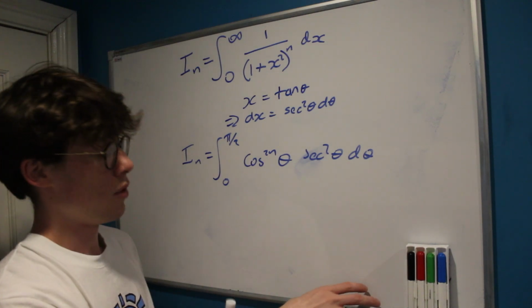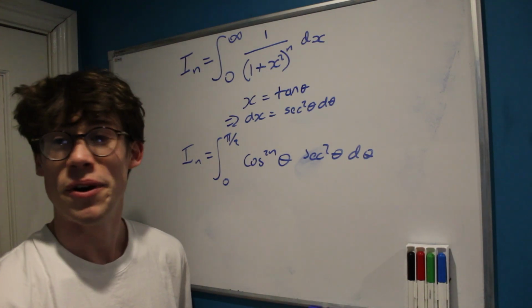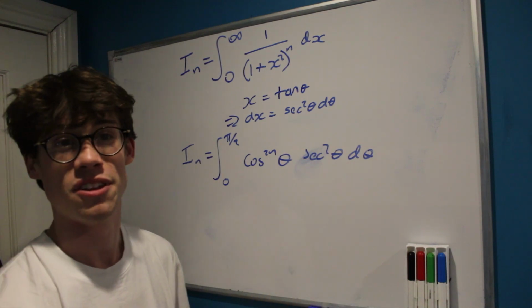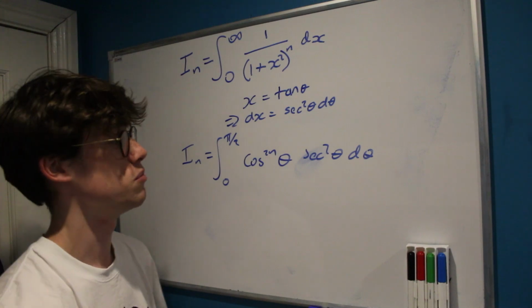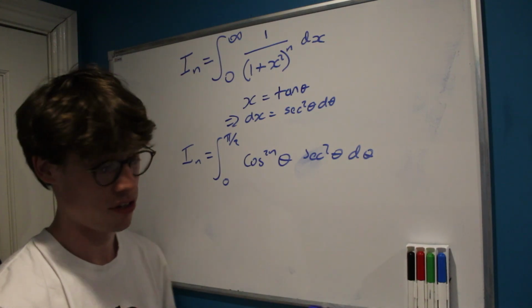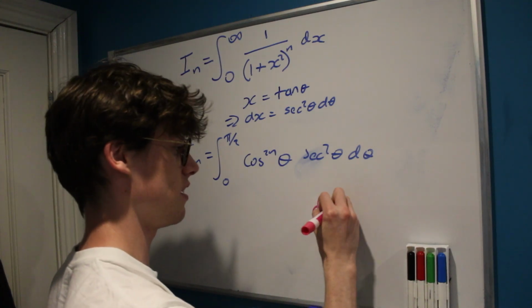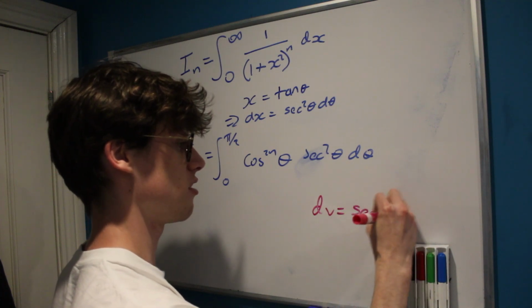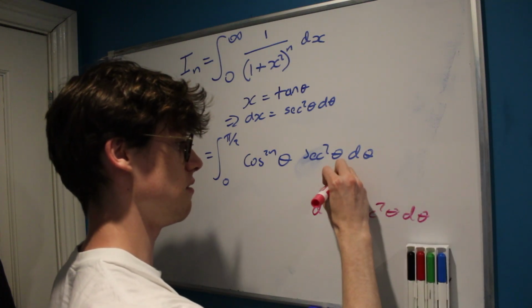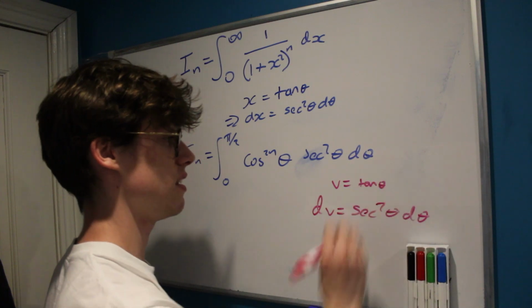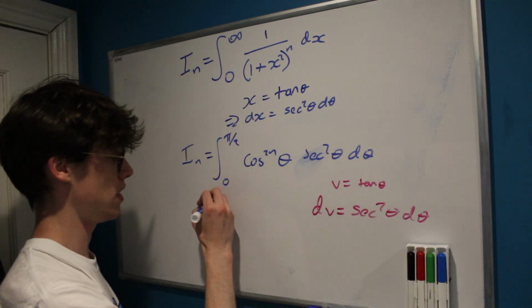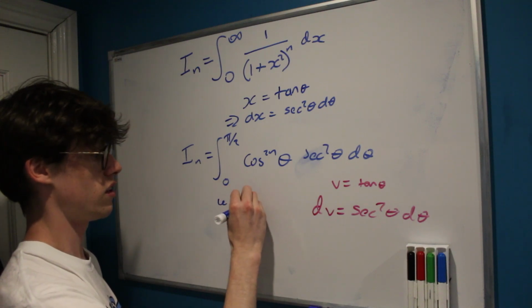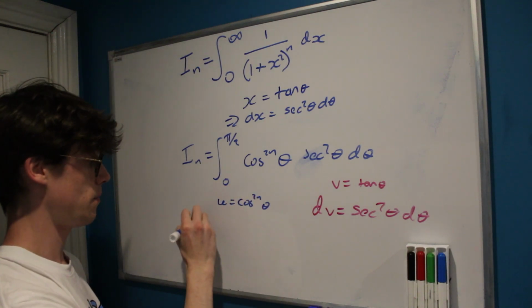And why would I want to save that for integration by parts? It's because sec squared, of course, is the derivative of tan, and so when I'm choosing my dv for my integration by parts, this is going to be a really nice choice. So of course I'm saying that dv equals sec squared theta d theta, which means that v equals tan theta, and I've got to choose a u as well to differentiate, and my u of course must be cosine to the 2n theta.